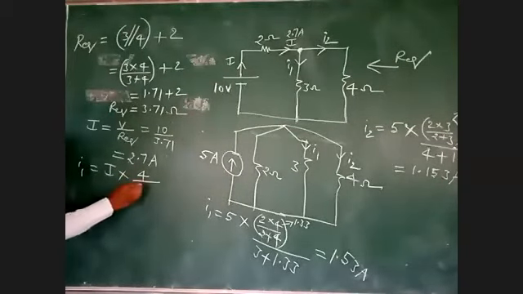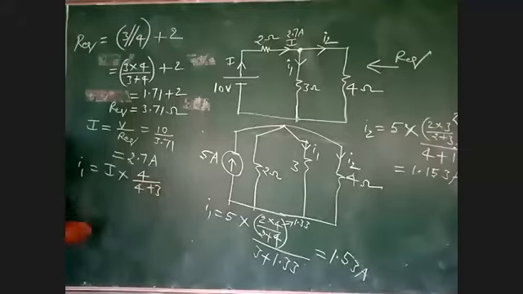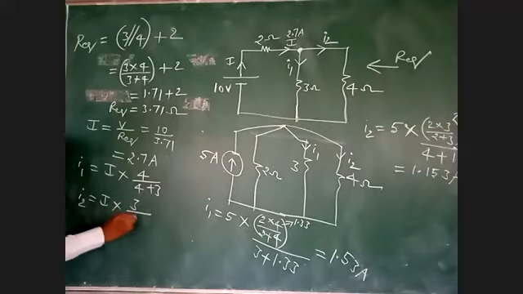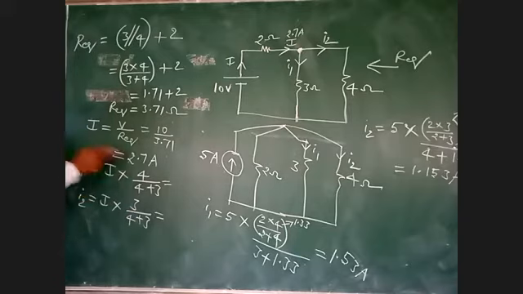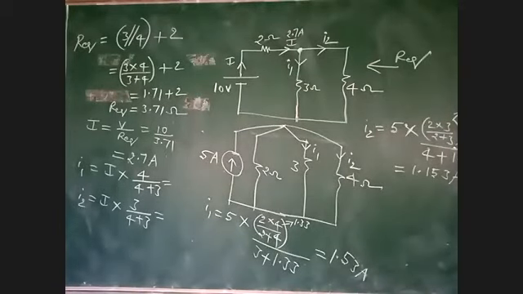So I1 is 4 by 4 plus 3, and I2 is total current into 3 by 4 plus 3. Now substitute I is 2.7, and tell me the value.